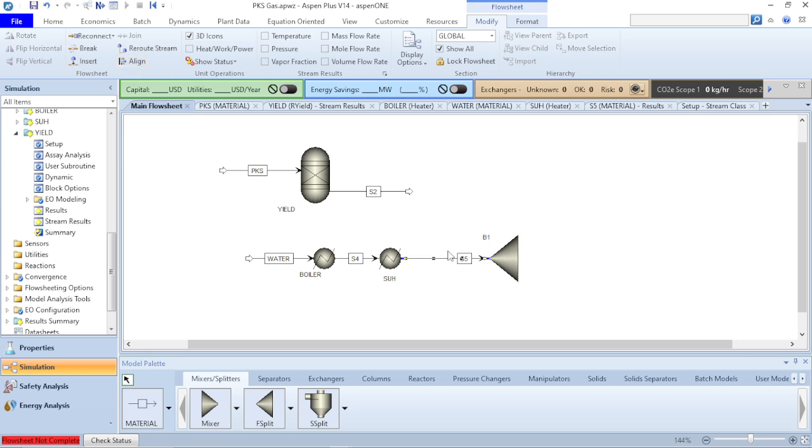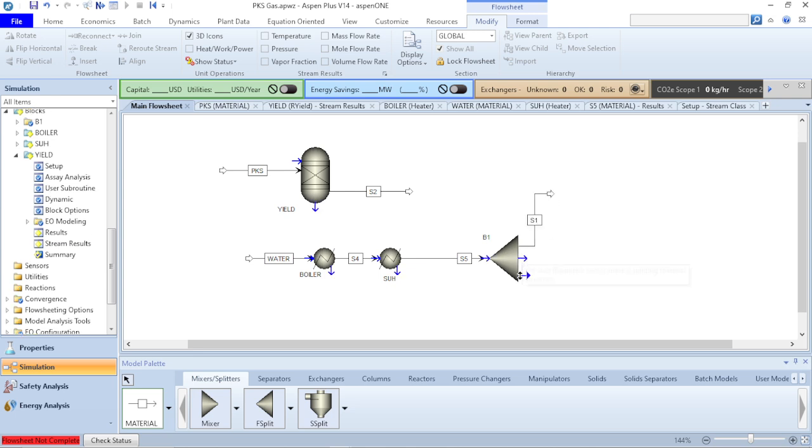Because we are going to be having two Gibbs reactors, the second will just serve like a heating source for it.